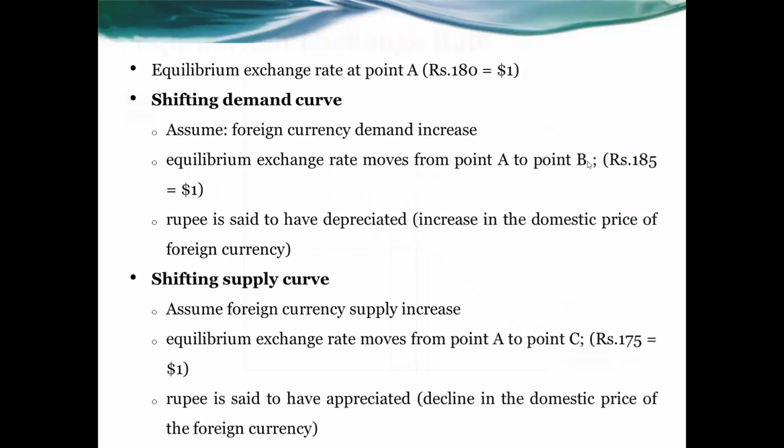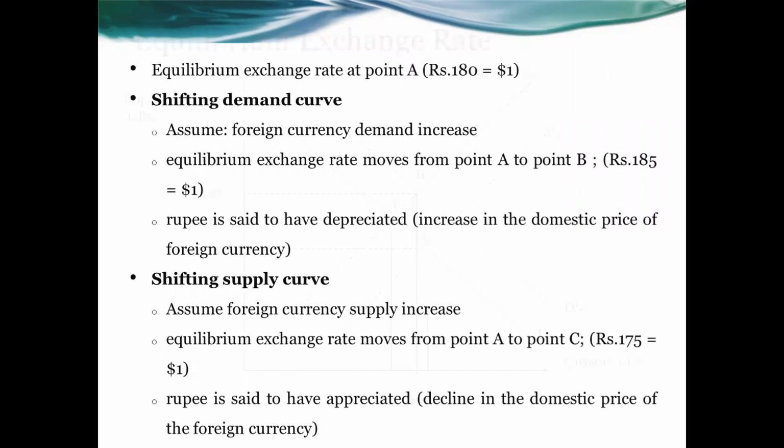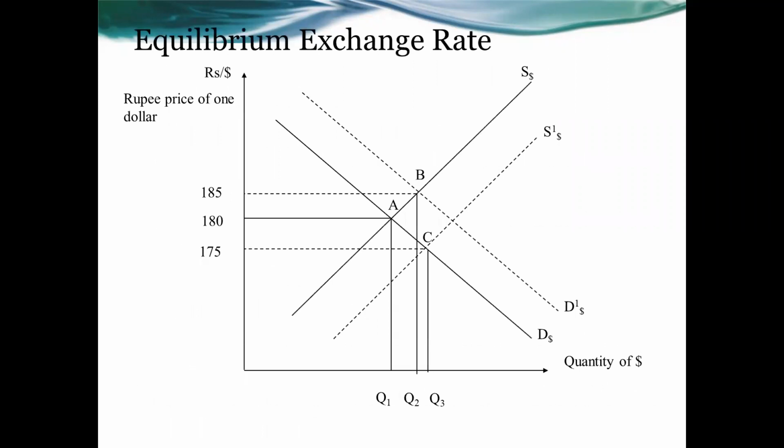Now we have explained this, right? We explained how things are changing. You can read the explanation. Now the thing here is, I just mentioned that the demand curve shifts to the right-hand side, and the supply curve shifts to the right-hand side. Right?